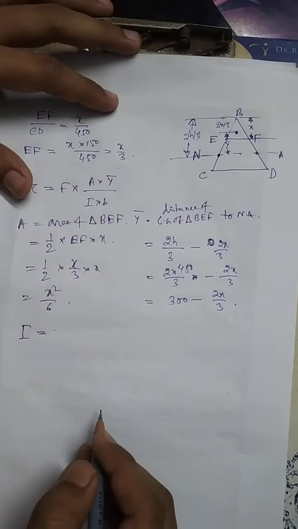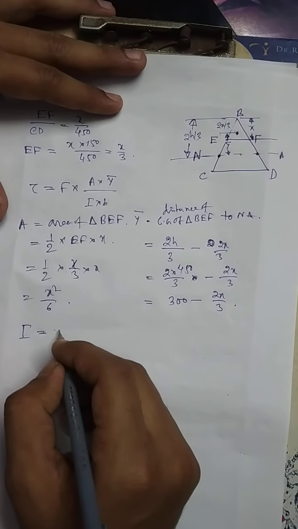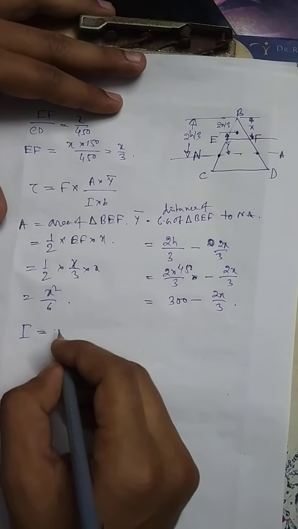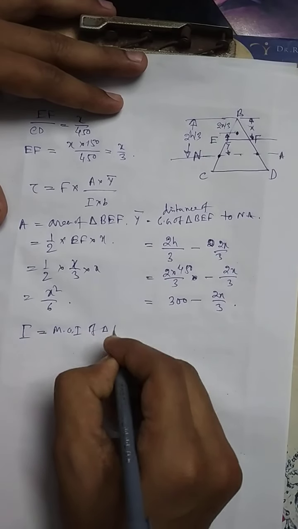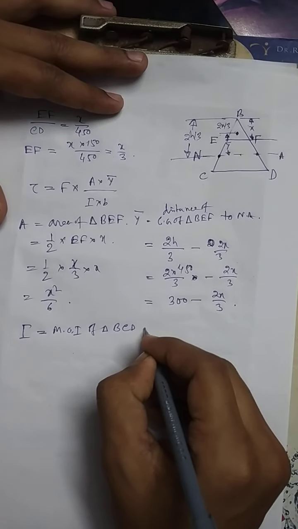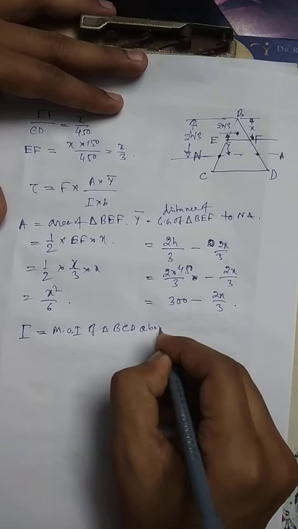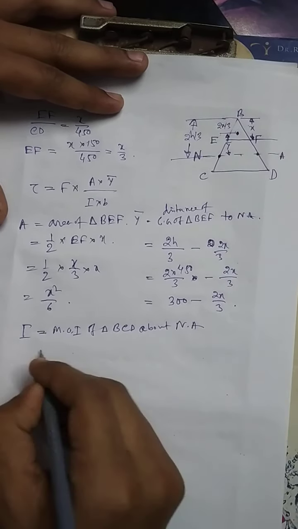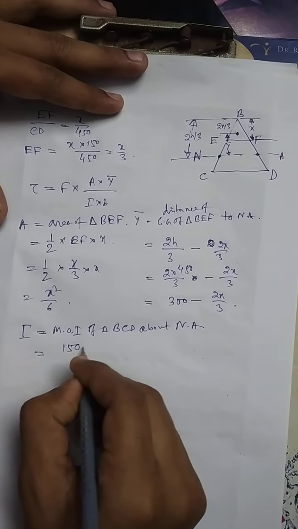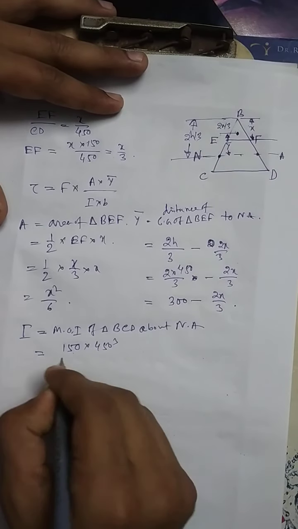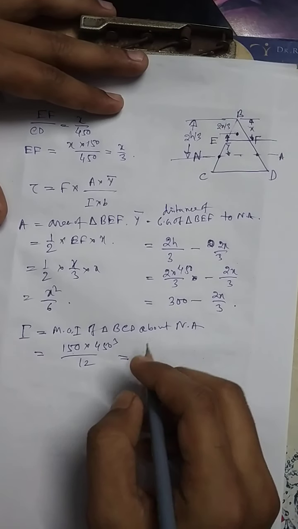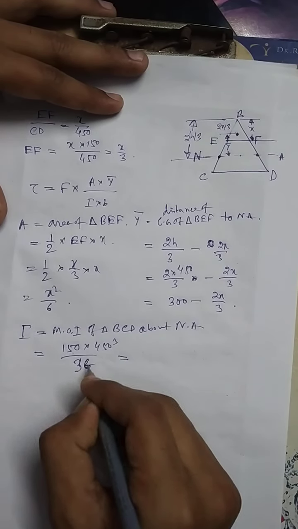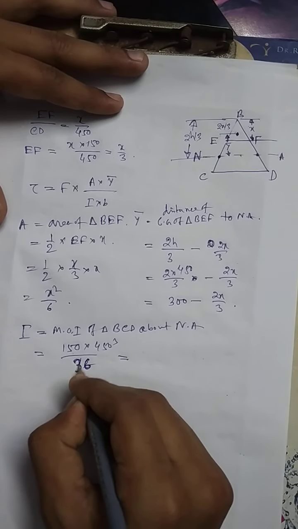And the moment of inertia I of the total section, the moment of inertia of triangle BCD about NA, will be equal to BH cube by 36 from the neutral axis.